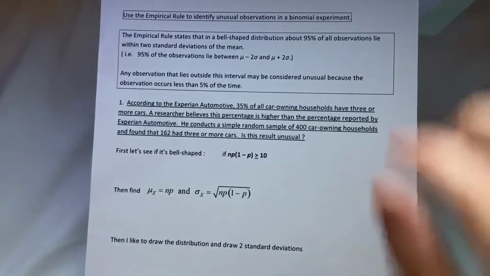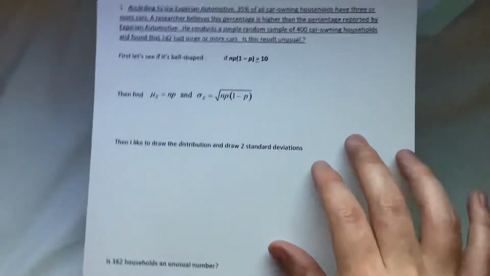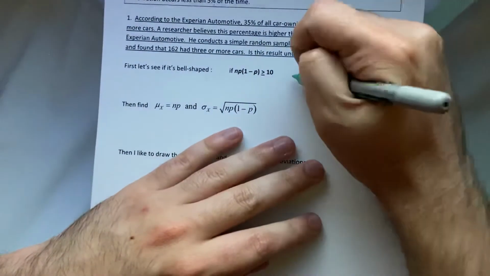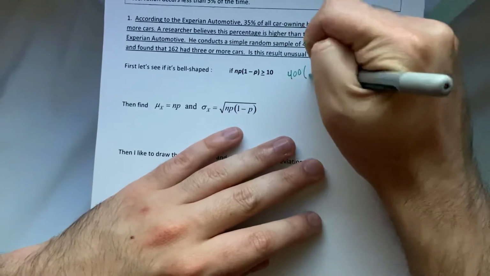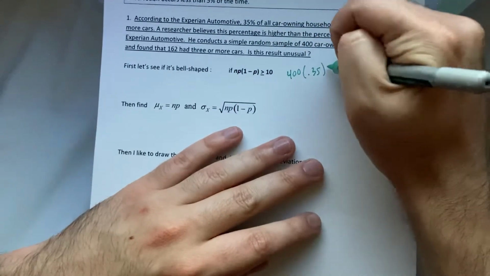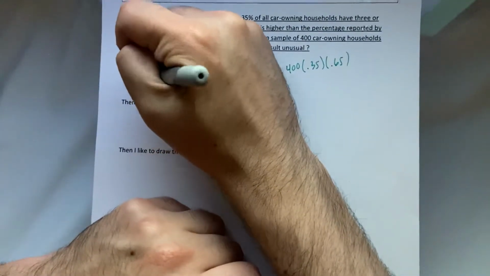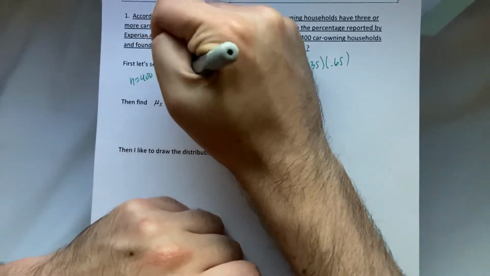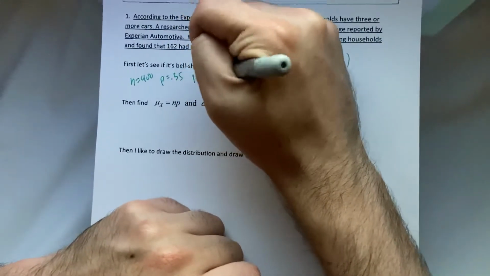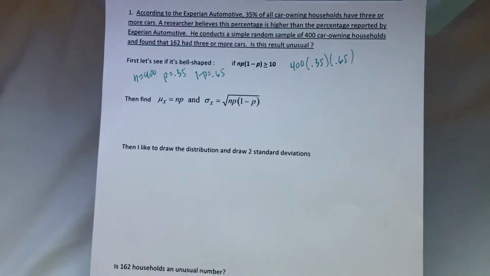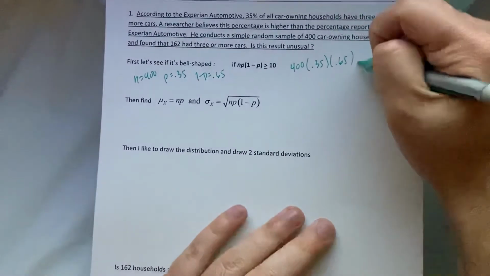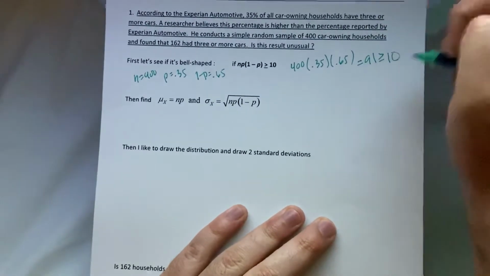Is this unusual? Let's first see, is it bell-shaped? n is 400. p is 0.35. 1 minus p is 0.65. When we multiply those all together, we get 91, which is definitely greater than or equal to 10, so it's good.